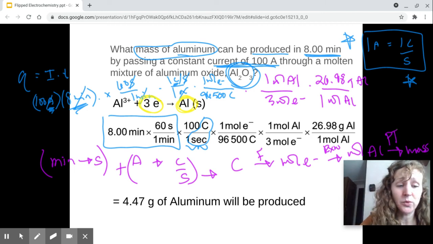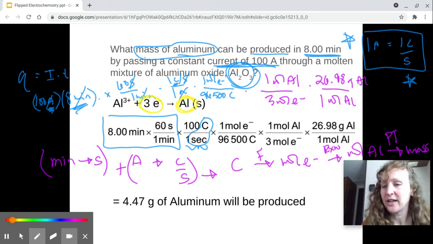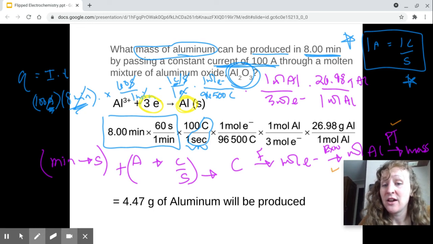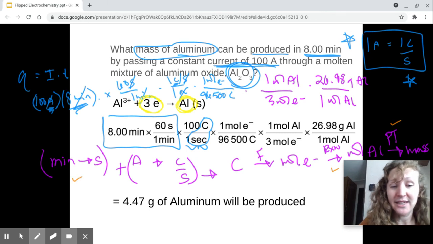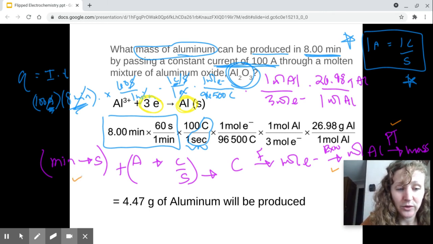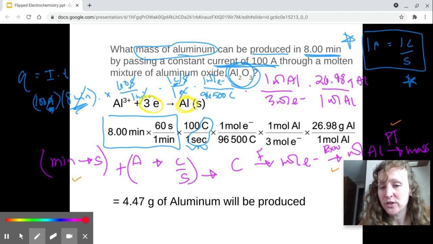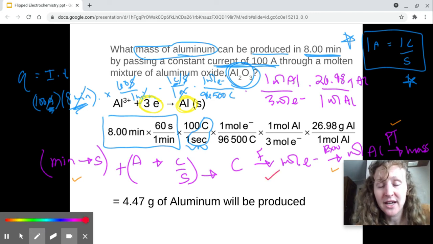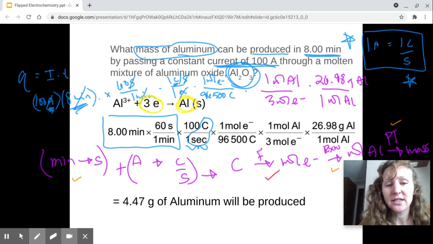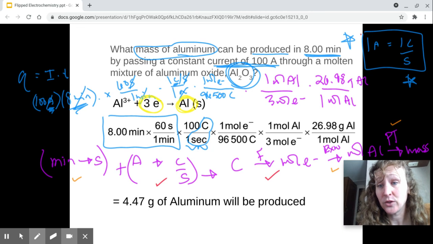So a bunch of these we already know, right? We're comfortable using the periodic table, using the reaction, and going minutes to seconds. Two are new to us. The conversion of coulombs to moles of electrons using Faraday's constant is a new one, and the conversion of amps to coulomb seconds is a new conversion factor too.